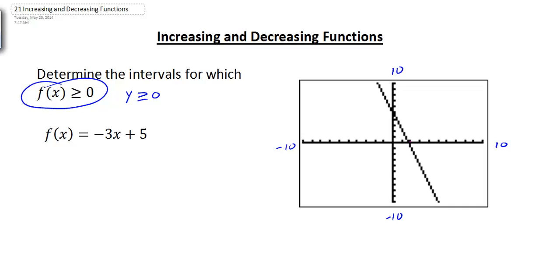Well, if we look, right here is where the graph touches the x-axis, and this top part of the graph is above the x-axis. So if we want to identify the intervals for where it is above the x-axis, keep in mind these are going to be x values.